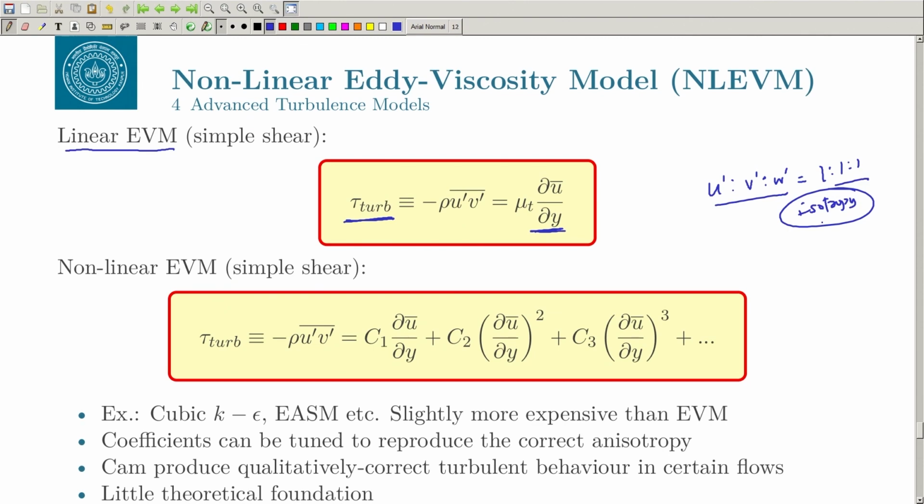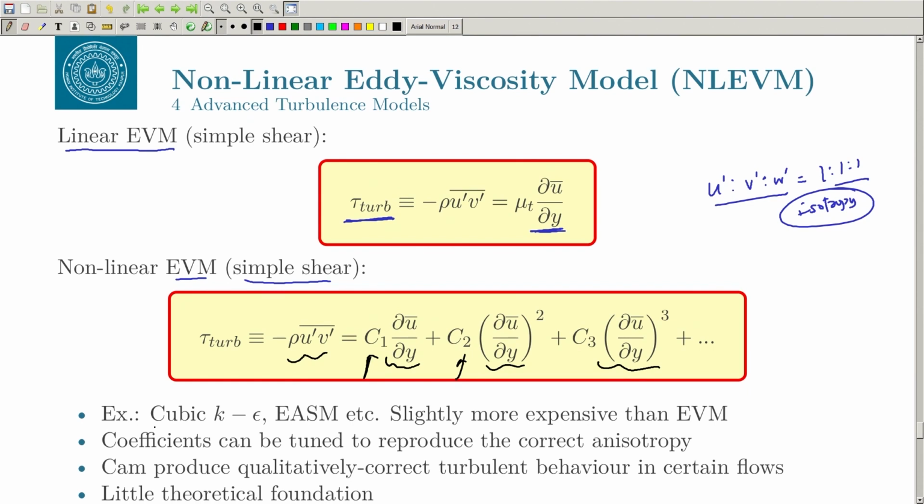So, what these nonlinear eddy viscosity models do, I have written it only for the simple shear flow, is that they take the Reynolds stress as depending not only on the velocity gradient linearly, but also in a quadratic way or maybe a cubic way, and so on. As you would understand, this makes the model more expensive, but these models work in certain flows.